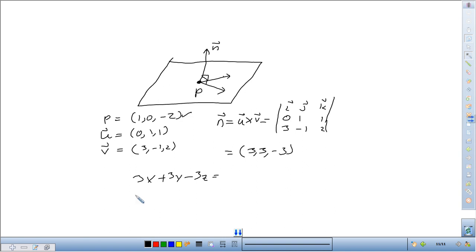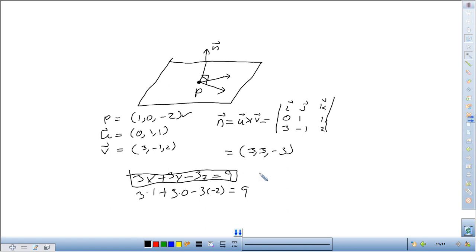So if I plug in that point, I get 3 times 1 plus 3 times 0 minus 3 times -2. That's a 6. It looks like a 9. So the equation for our plane in the end here is 3x plus 3y minus 3z equals 9.